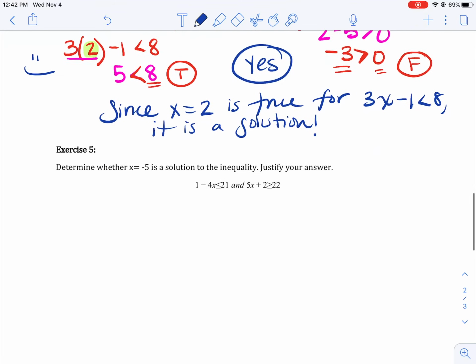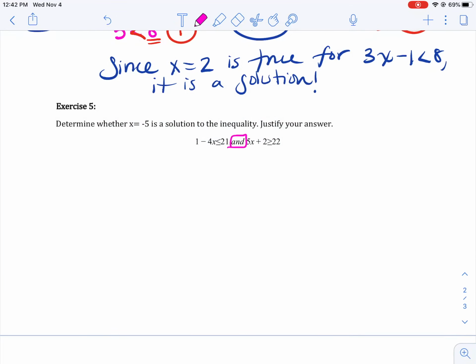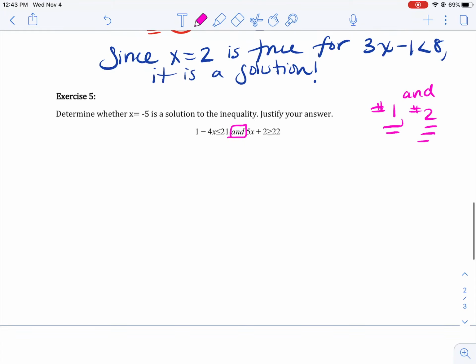Okay, now, for example 5, we have to be a little bit careful because this has an and. So same thing, if I said you have to do number 1 and number 2 for homework, it means you can't get away with just doing number 1, you've got to do both assignments, right guys? So if we look here, 1 minus 4 is less than or equal to 21.